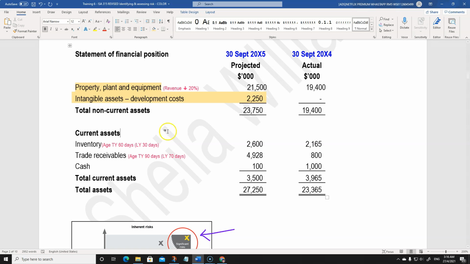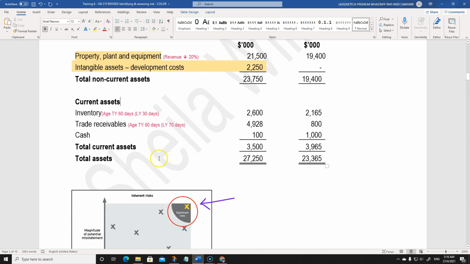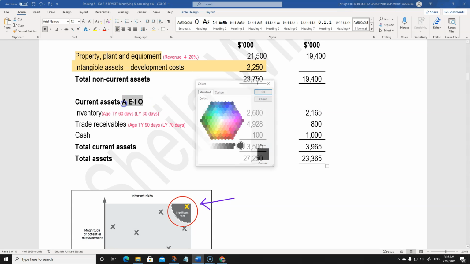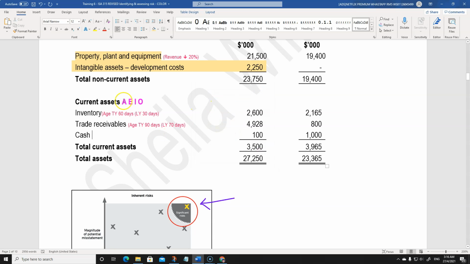Let's go down to current assets. And here we've got a little bit of information from the analytical procedures that you've done. Remember, the risk assessment procedures just now was what? A, E, I, O. Is that right? So this AEIO, the first A there, is talking about analytical procedures. So assuming you've done some analytical procedures, you find out the inventory age.